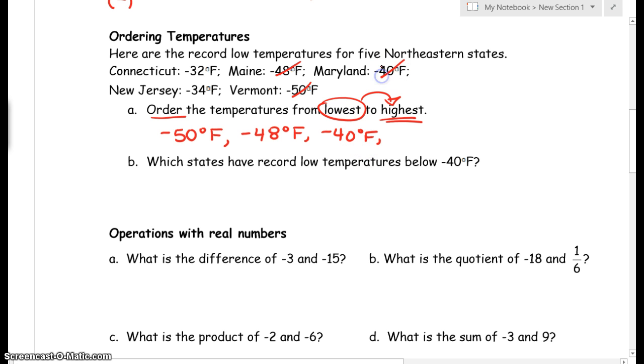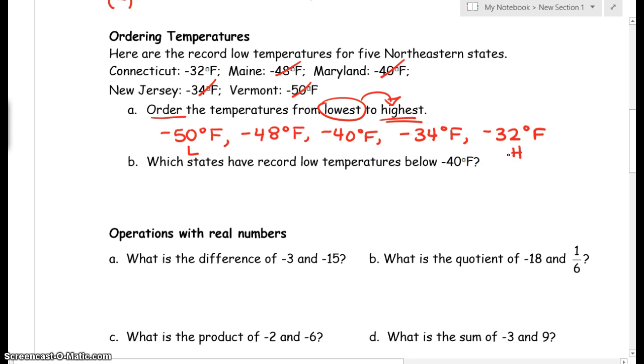We're getting closer to 0, which is getting a little bit better, but not so much. And last but not least, the closest is negative 32 degrees Fahrenheit. Okay, so these are our temperatures from lowest to the highest.